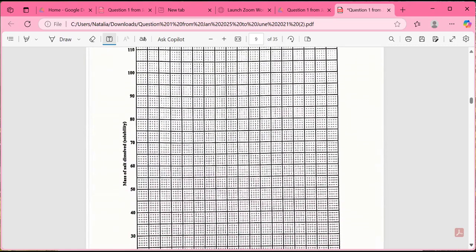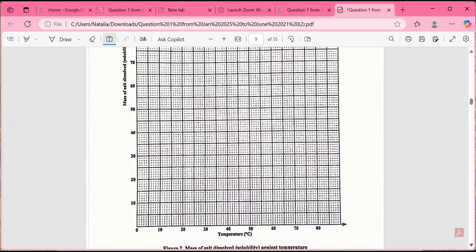So in plotting a graph, before we work it out, we need to figure out the value of each small box. What's the value of each small box on the y-axis? 1. On the x-axis? Still 1. So 10 is 36.